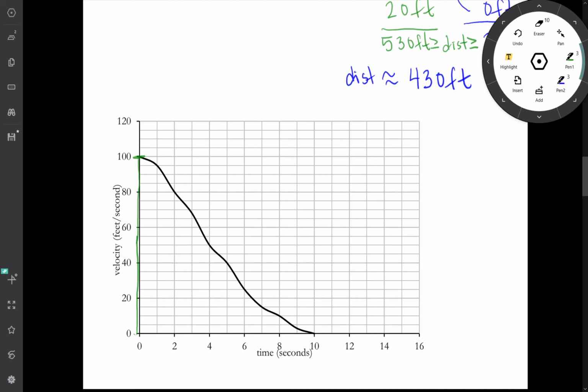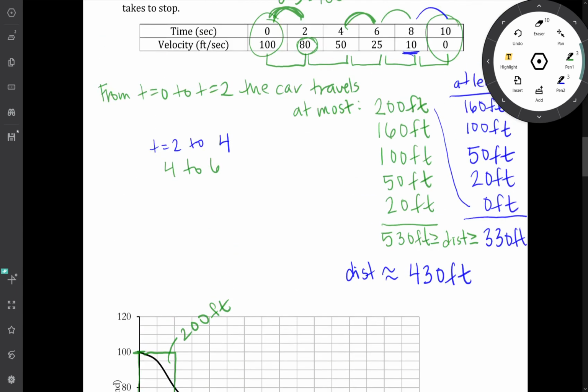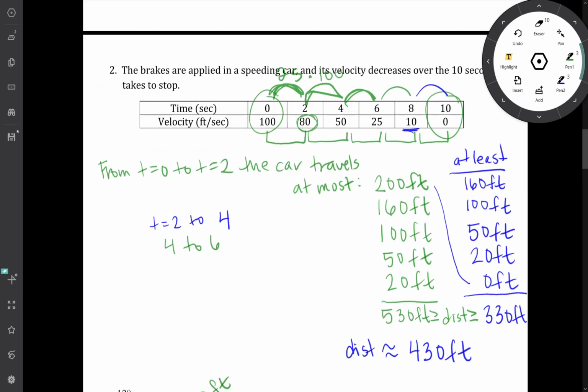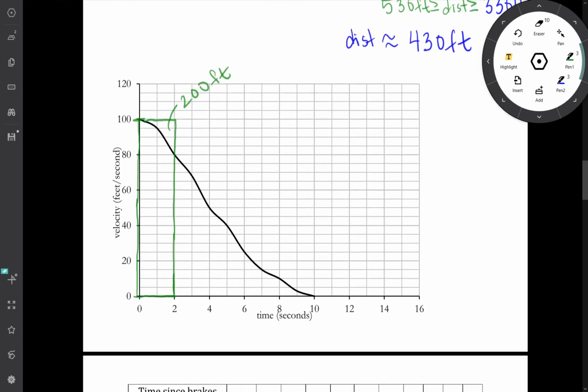The 2 seconds are right there, and when we multiply, we're getting the area of this rectangle is our 200 feet. From 2 to 4 seconds, we use the 80 feet per second. So we took the 2 to 4 second time interval, we multiplied by 80, and there's our 160 feet.